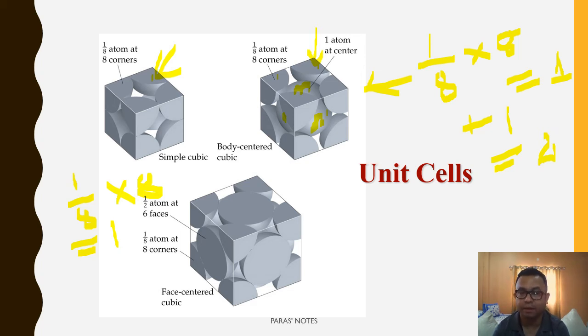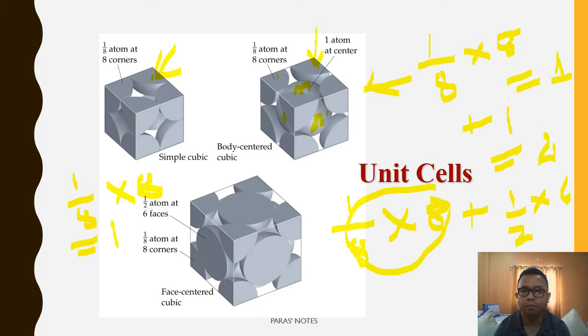And in a face centered, in addition to the 8 corners, which is 1/8 into 8, you also have the 6 faces, and one face is equal to half, because the ball at the face is shared by 2 unit cells, so half into altogether 6 faces. So here you can see 1 plus 3, altogether 4.